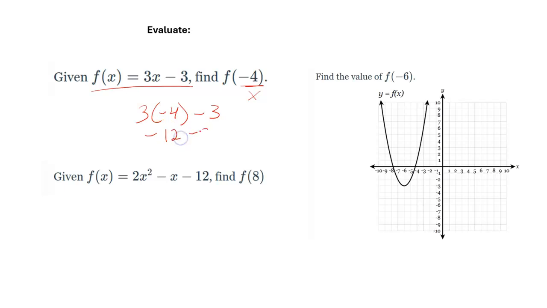So that would be -12 minus 3. So the answer is -15. That means that when I go onto the graph and find -4 on the x-axis, when I plug that in, I'm getting out an output of -15. I could write this as a coordinate point, plugging in -4, getting out -15. This is an x, and my output is the y.